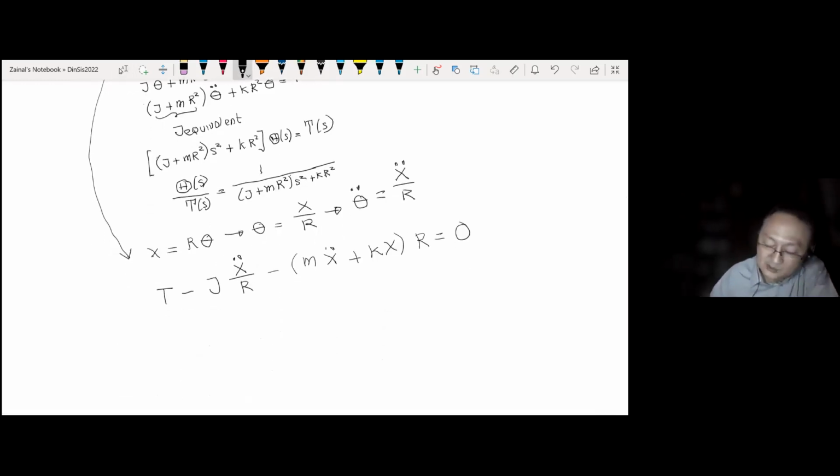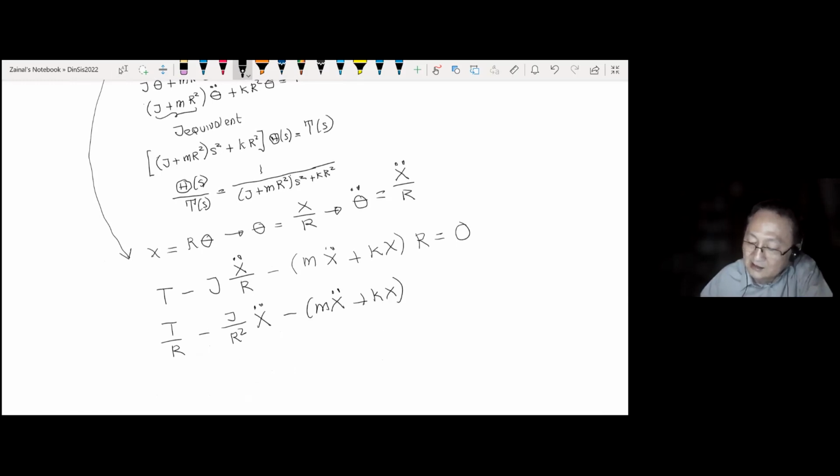Or you say T divided by r, minus J divided by r square x double dot, minus m x double dot plus kx is equal to 0.